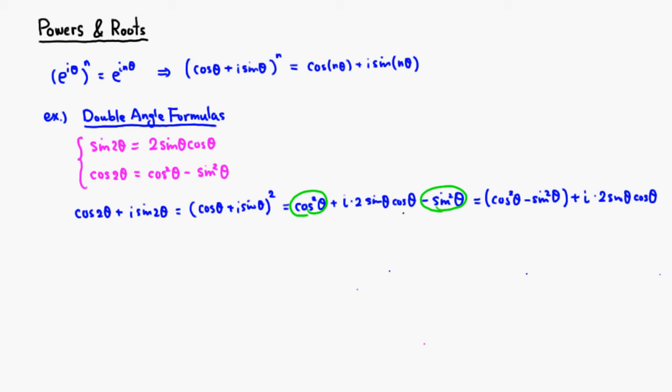If you compare, cosine of 2 theta is the real part, and the right hand side real part is this. So we have cosine of 2 theta equal to cosine squared of theta minus sine squared of theta, and we verify this formula. If you compare the imaginary part, which is sine of 2 theta on the left, and on the right you have 2 sine of theta cosine of theta, this verifies the first double angle formula.